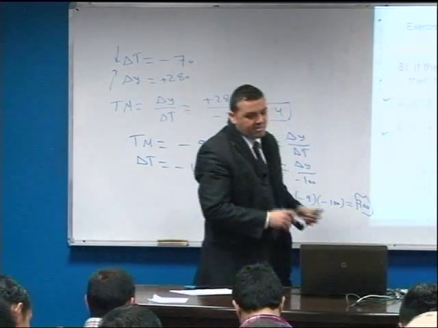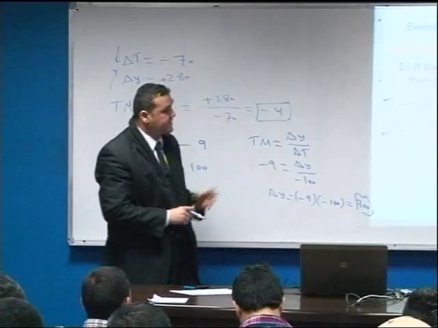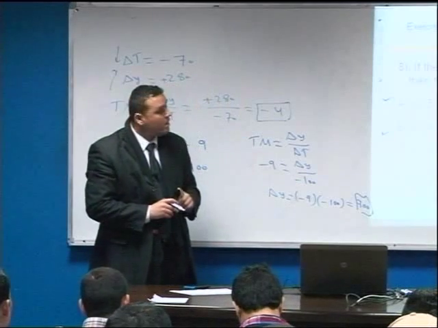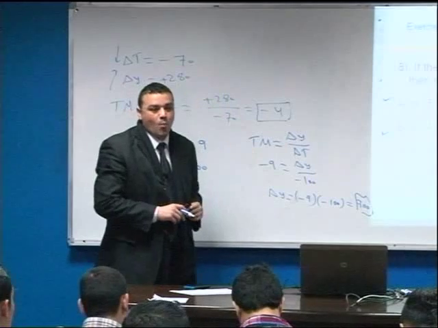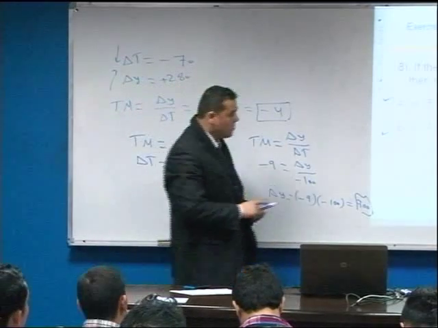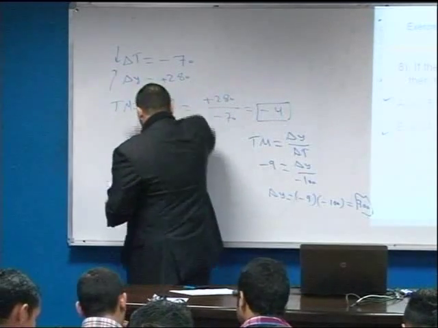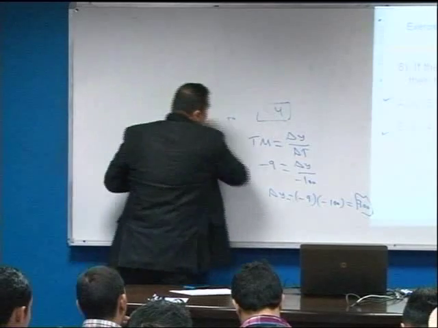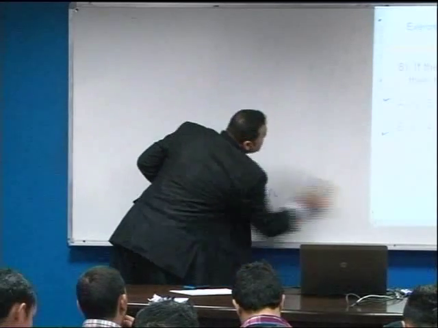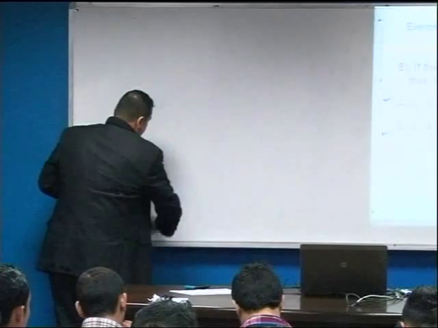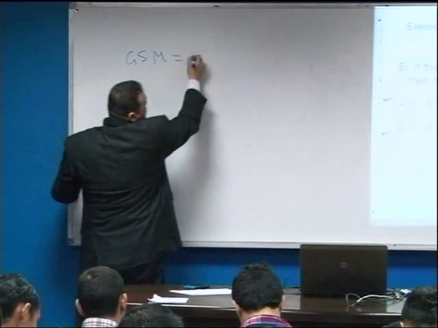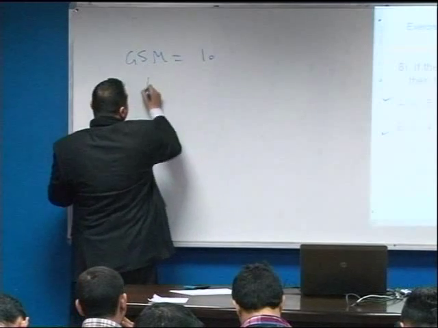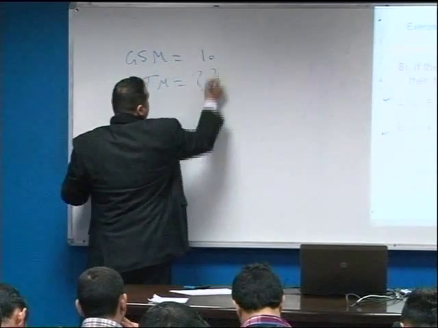Okay, if the government spending multiplier is 10, then the tax multiplier equals how much? So the question is, the government spending multiplier equals 10, then the tax multiplier equals how much? This is the question.